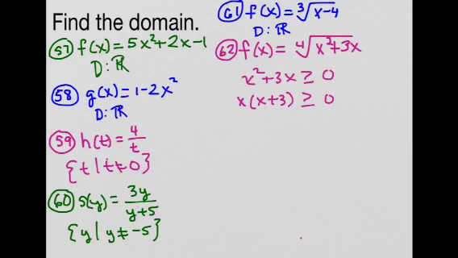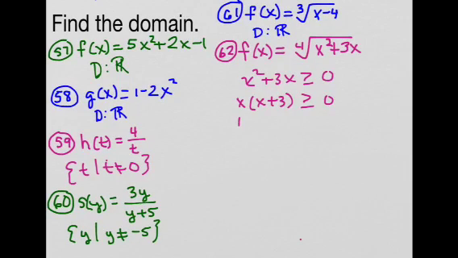So remember, in order to get a positive result after multiplying two numbers, either they're both positive, two positives, or they're both negative. Both of these give me a positive result. Okay, two positives or two negatives.